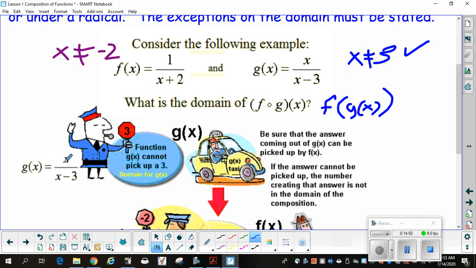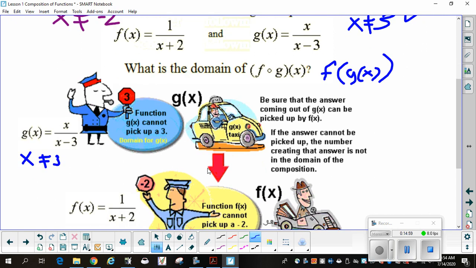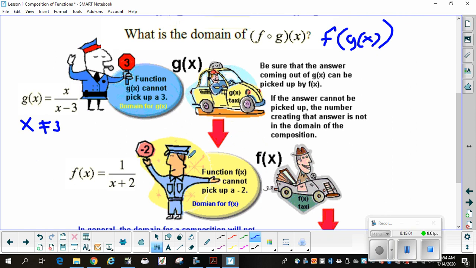Okay? So, here, x cannot equal 3. And when he drops off, he can't drop off negative 2. I know this is so slow.